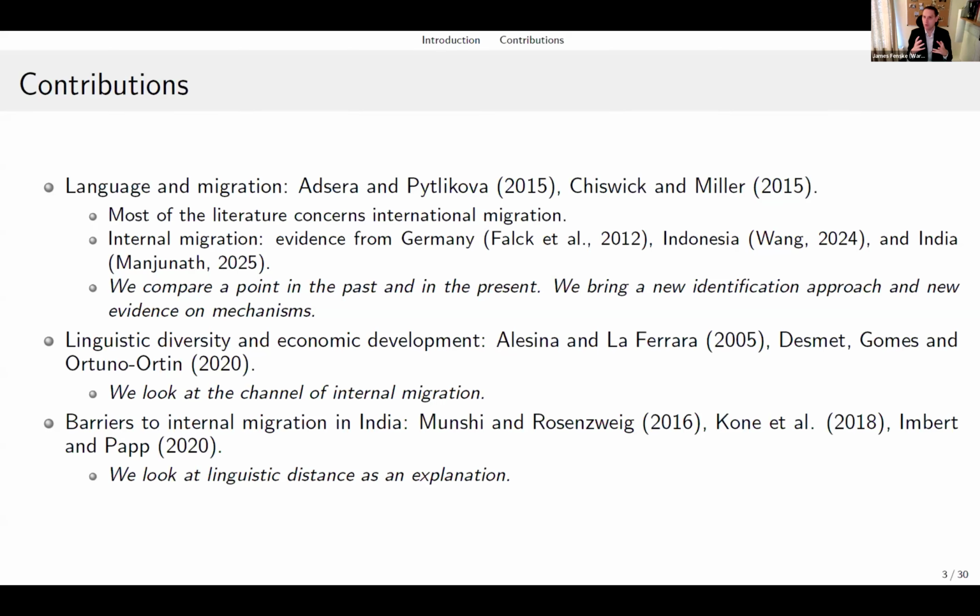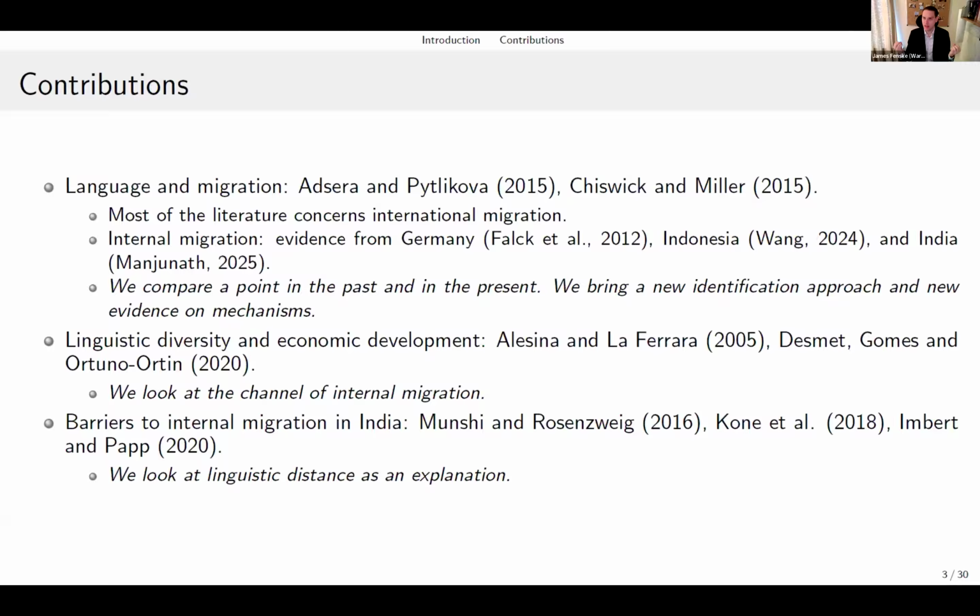There is now developing literature on internal migration, and we've got a bit of evidence from Germany from different dialects, a bit of evidence from Indonesia. And the sad thing about being tenured is you're incentivized to work slowly. When we started this project, there wasn't a language and migration paper on India. Now there is a paper on language and migration in India, and she finds results similar to what we find in the present day. But we also look at the past.